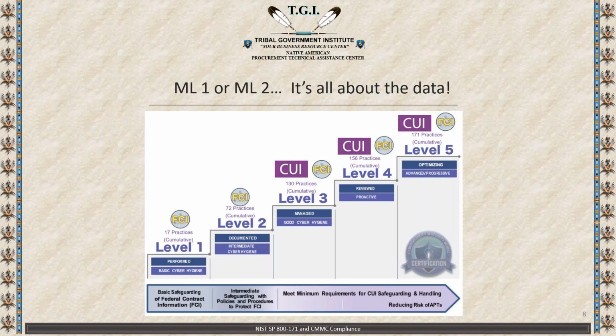CMMC maturity level 2 basically just requires written documented policies and procedures that comprise 55 practices in addition to the 17 level 1 practices. But yeah, we were extremely surprised to hear that they don't expect to issue certifications for CMMC maturity level 2.